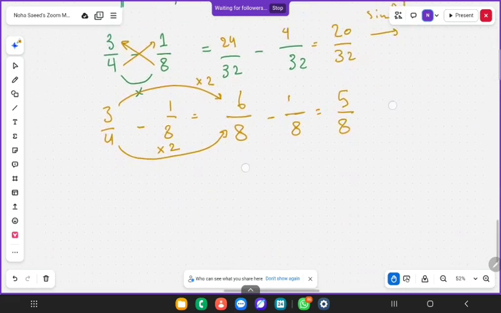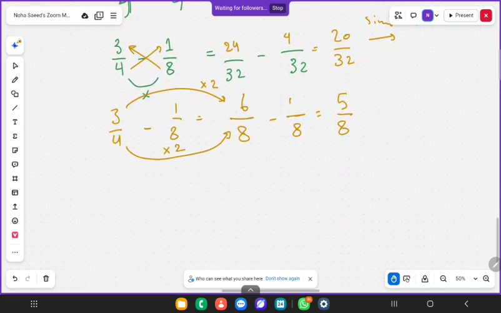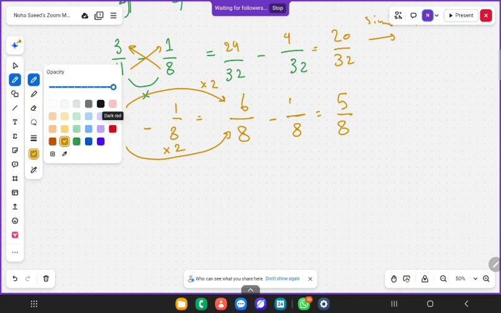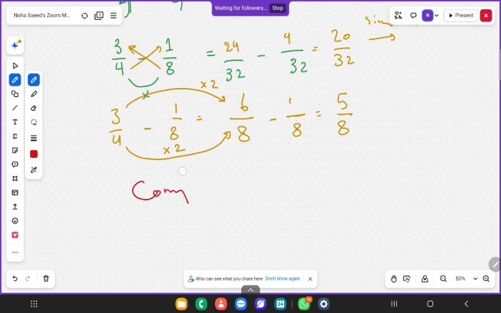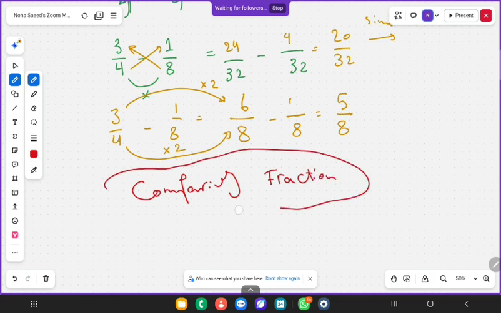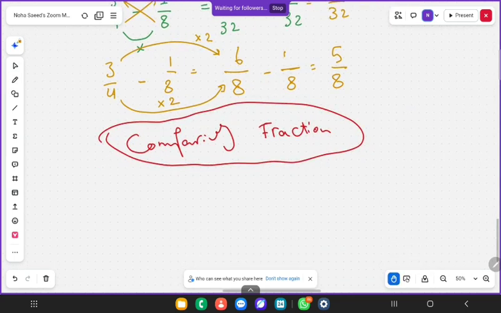Okay, we have another topic. It's comparing fractions. Is it difficult? No, don't worry. How can I do that? If I say 5 over 7 and 3 over 7.